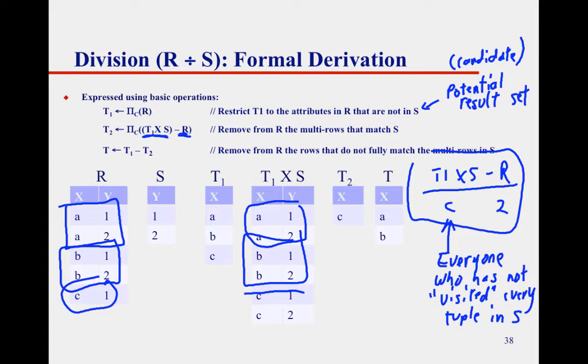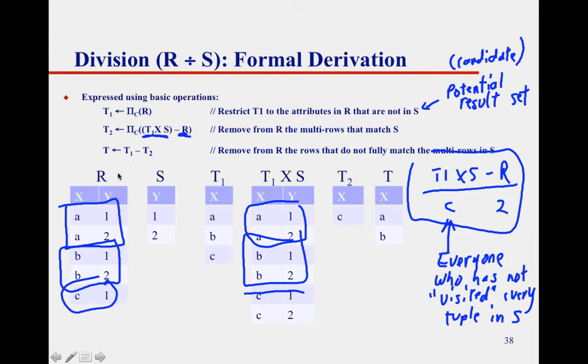You can think of what's left as what they still have to do in order to make the cut. So C would still have to visit location 2 or room 2 in order to make the cut. So T1 cross S minus R is what the people who will be rejected would have to do in order to make the cut.